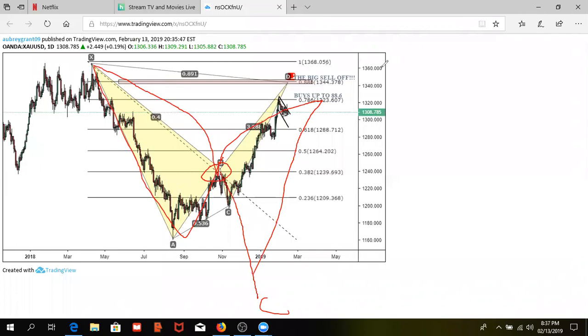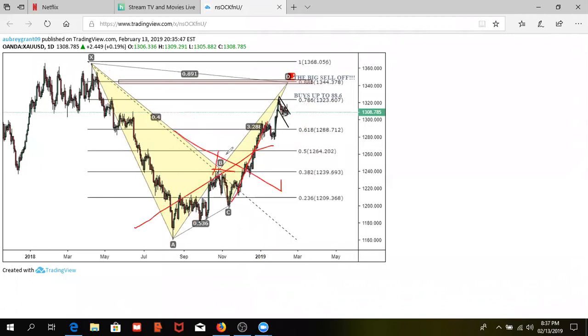But anything that just goes up there and hits that 38.2 and then continues up, I don't trade it. So that's a no-go. If it hit the 50%, then yeah, I would jump all over that trade. But for the fact that it didn't push up and hit that 50%, I'm not gonna touch it.